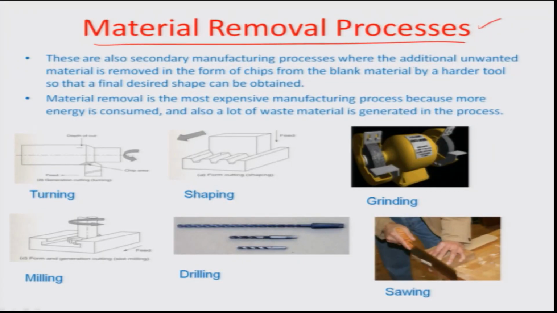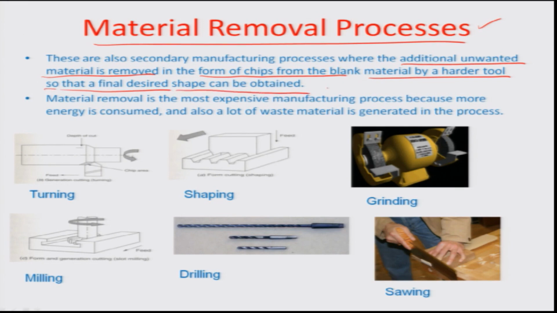They are secondary manufacturing processes where additional unwanted material is removed in the form of chips from blank material, typically by using a harder surface which is also called the tool, and the harder surface actually eats into the softer material, and that is how the chips are processed so that the final desired shape can be obtained.